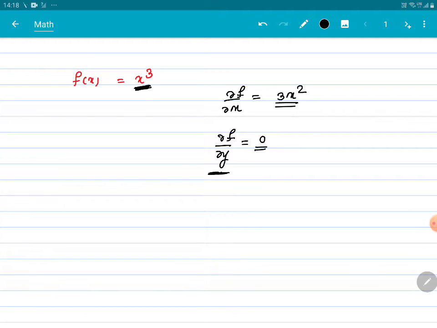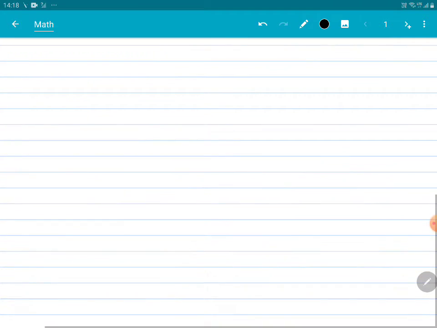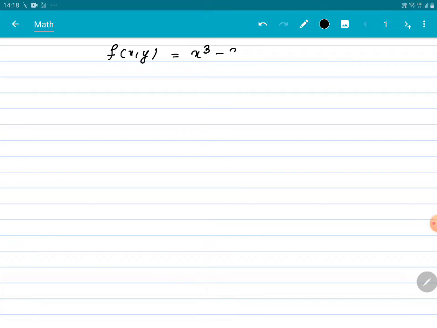Clear? Suppose I give a question. A function f of x comma y is x cube minus 3y square. Now what is del f by del x? With respect to x, which one is the variable? This one. So write del by del x of x cube minus 3y square, one by one.